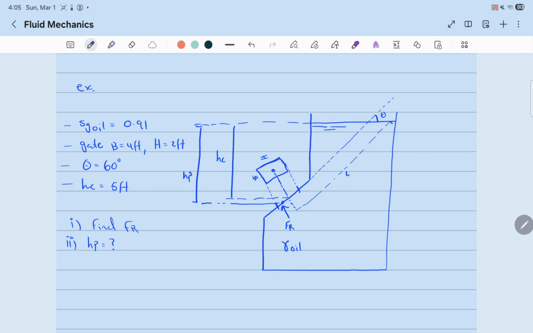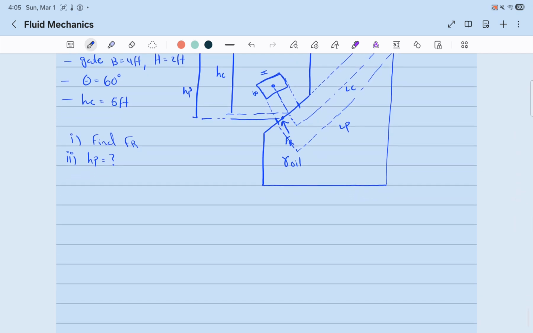That's LC. And LP is the inclined length from the point of pressure to the top of the surface. So that's LP. Okay, so let's go ahead and start.